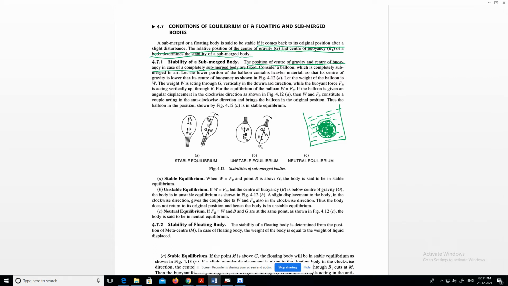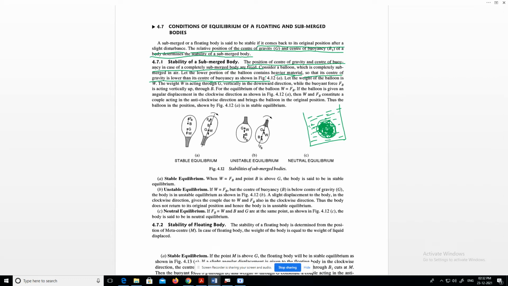Okay. Consider a balloon. If it is completely submerged in air, let the lower portion of the balloon contain heavier material, right? So that the center of gravity is lower than the center of buoyancy, as shown in the figure. Have you got the idea?